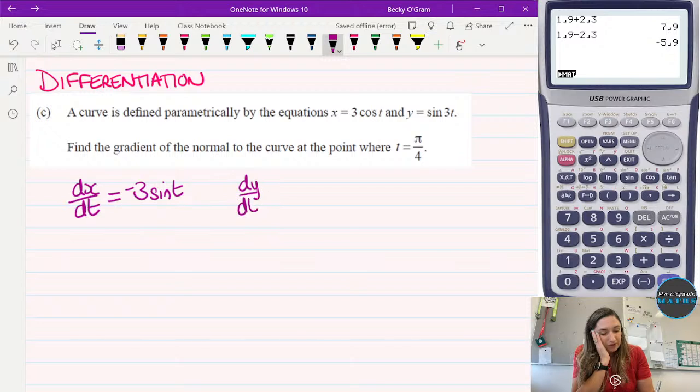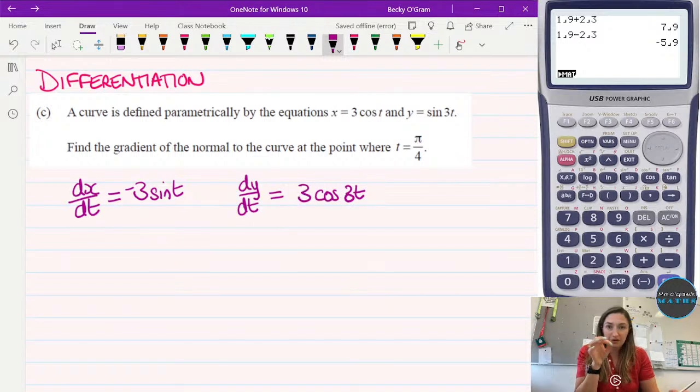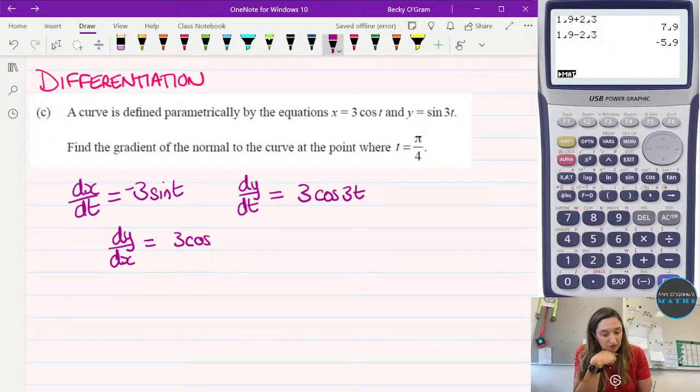Similarly with dy by dt, sine differentiates to positive cos. This time we have a 3t inside, so we need to multiply by the 3 because it's chain rule. Let me just make that a bit clearer. So dy by dx is equal to 3 cos of 3t over minus 3 sine of t, because we do, oh wait, sorry, I've skipped a step.